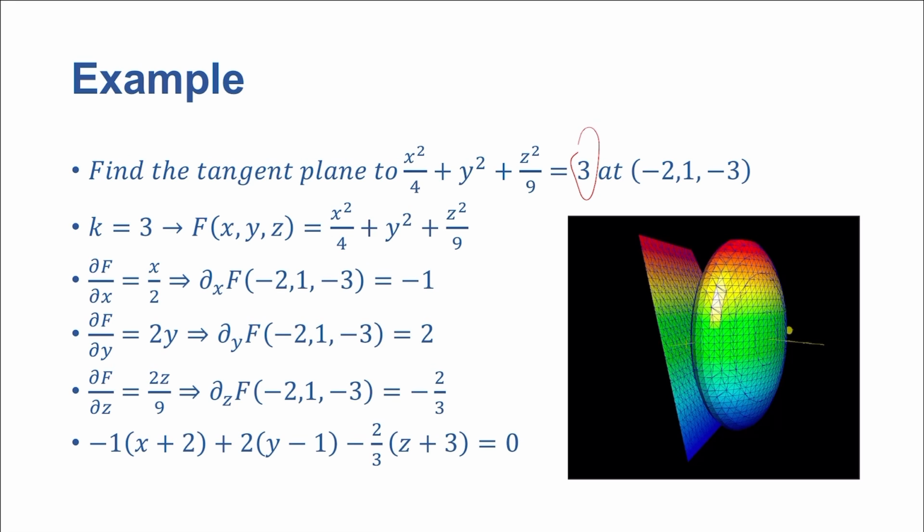What we get is some ellipsoid, and we also get a tangent plane to this level surface. So there's our tangent plane, and here is our level surface, a level ellipsoid with horizontal and vertical traces of ellipses.